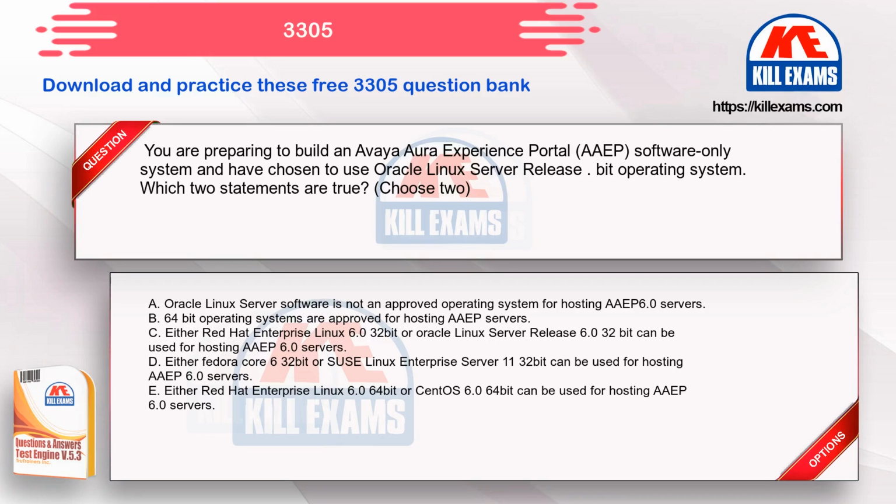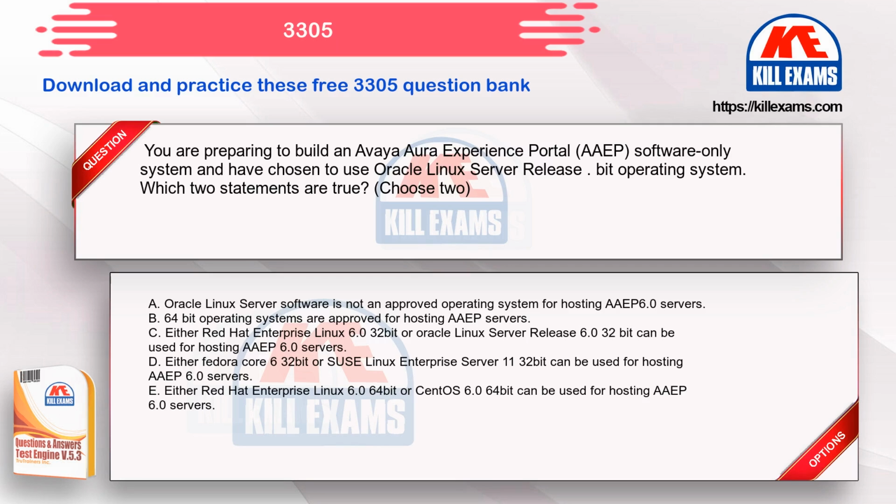You are preparing to build an Avaya Experience Portal, AAEP, software-only system and have chosen to use Oracle Linux Server Release 64-bit operating system. Which two statements are true? Choose two. Option A. Oracle Linux Server software is not an approved operating system for hosting EP 6.0 servers.